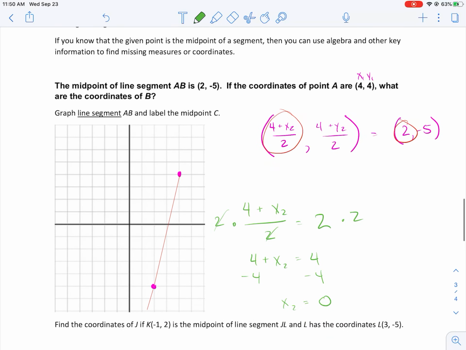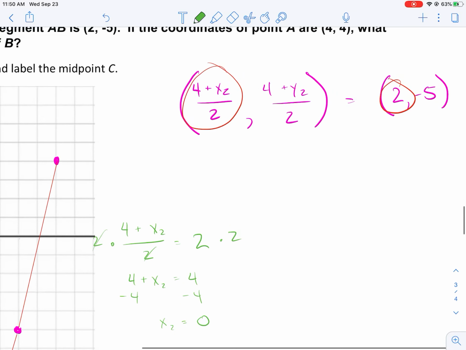So let's find out what our y2 is going to be. Let me shrink this guy up here a little bit. Do the same process. (4 plus y2) divided by 2 is equal to negative 5. Multiply both sides by 2.